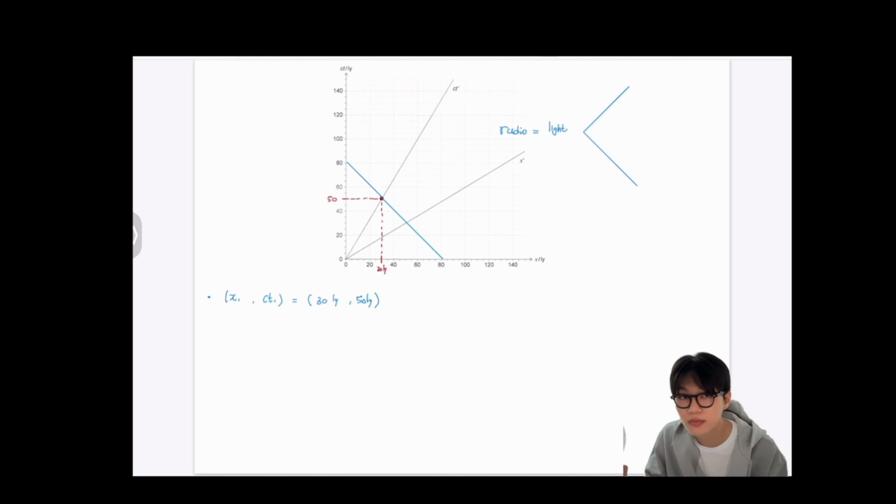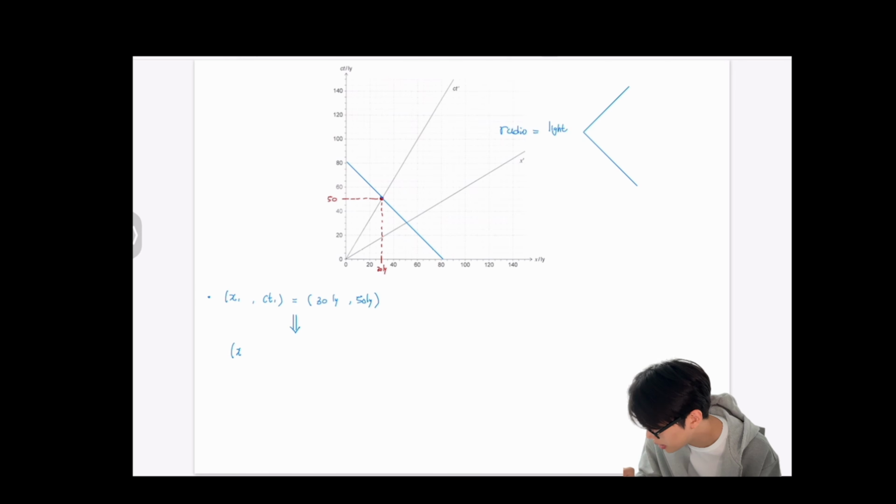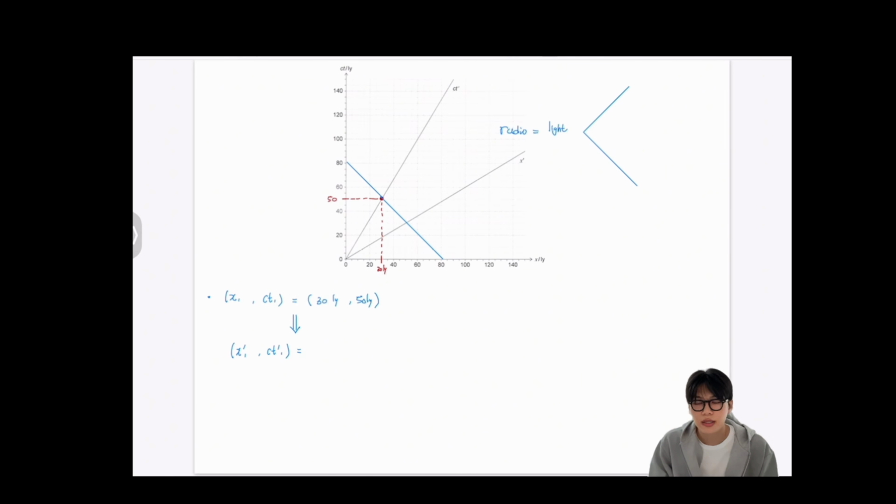Then it goes to the x prime and ct prime frame because S is moving, the spaceship, right? So I go to x1 prime and ct1 prime, then it will show this point here.